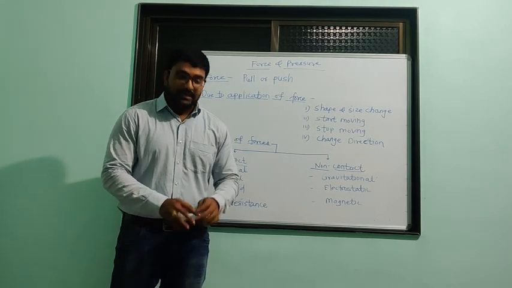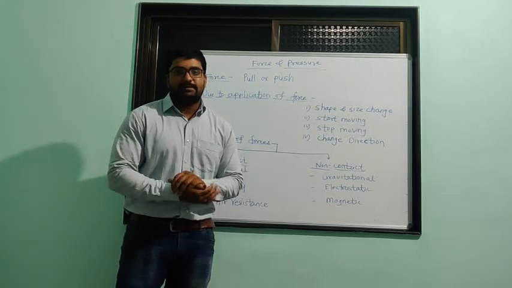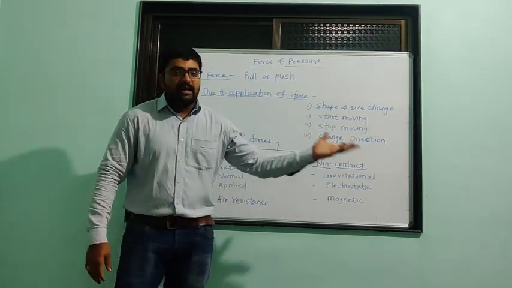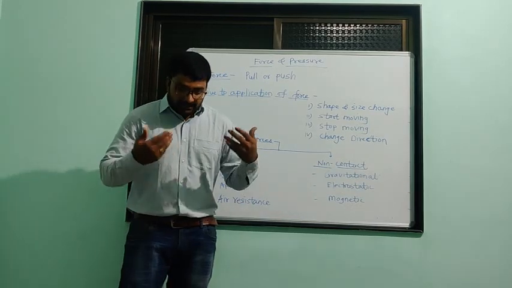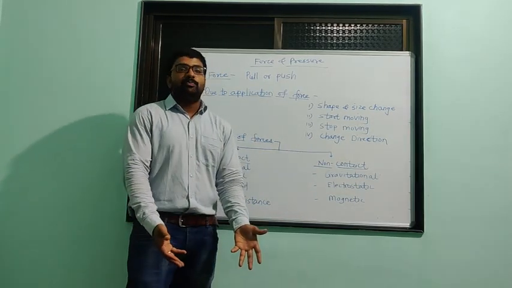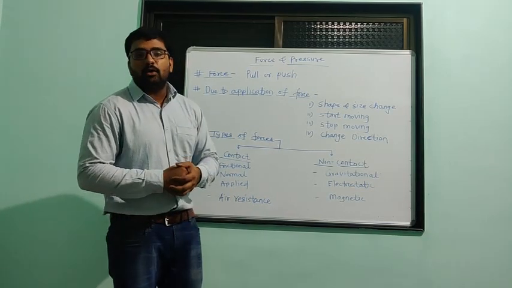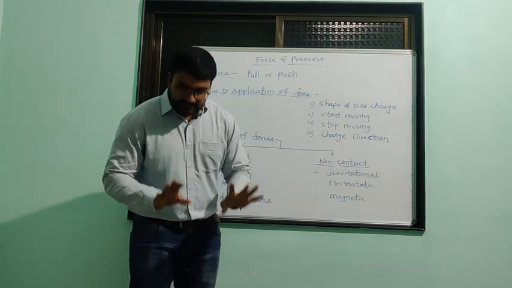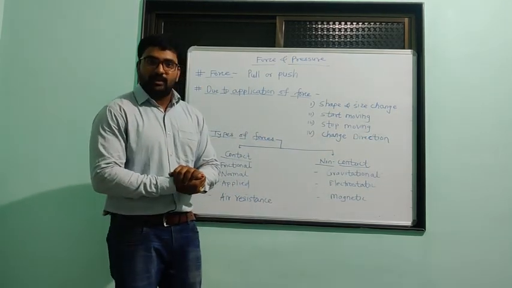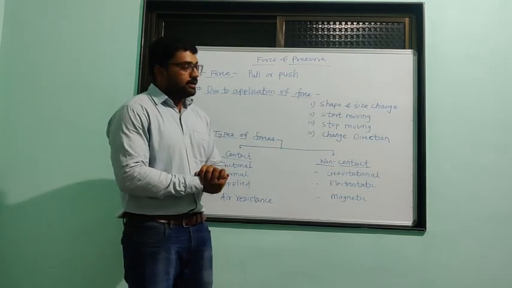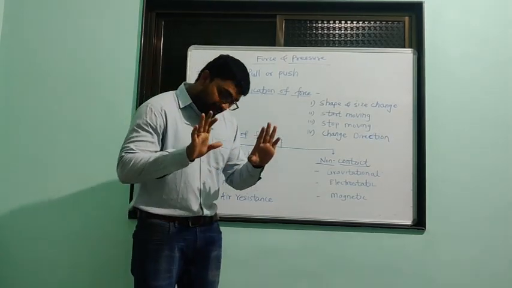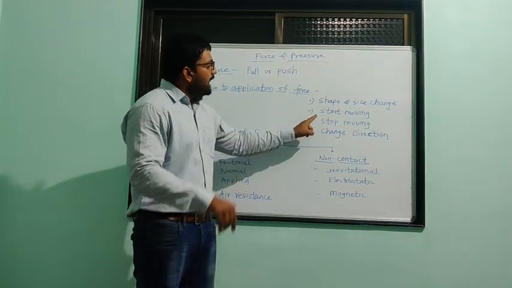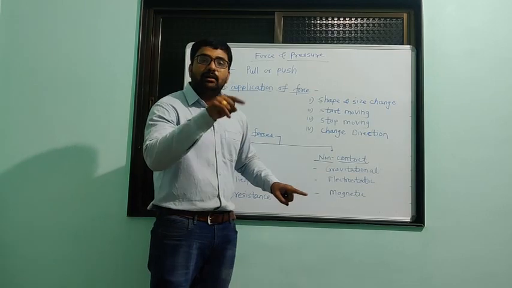Initially the football is stationary, but due to the kick, its position gets changed. Kick means I apply force on that football, and due to that force, it starts moving from its stationary position. So from this example, we understood that if any object is in stationary position, then due to the application of force, we can start moving that object.